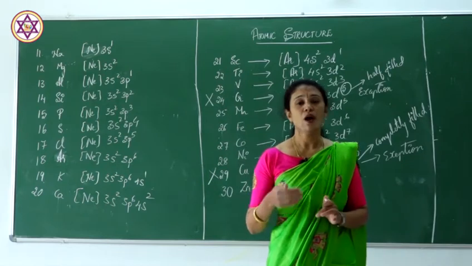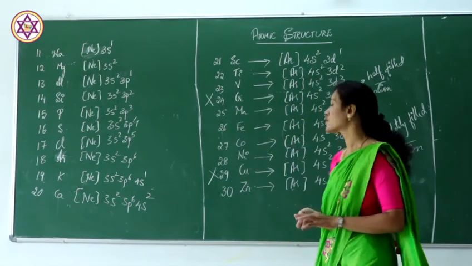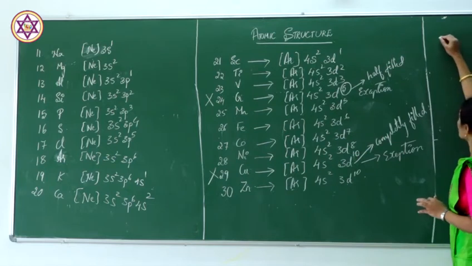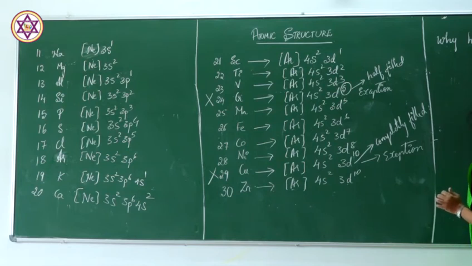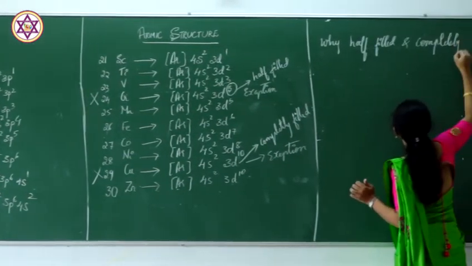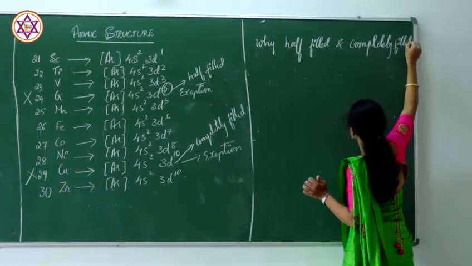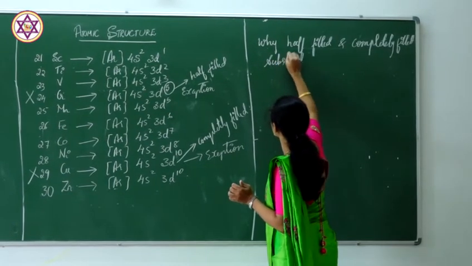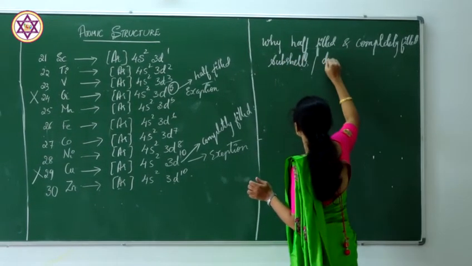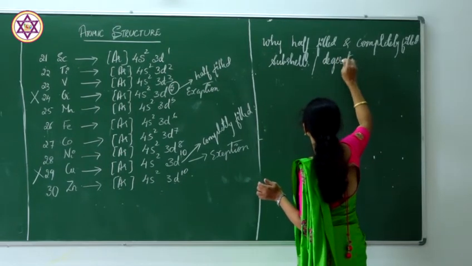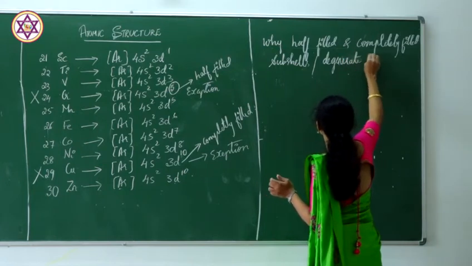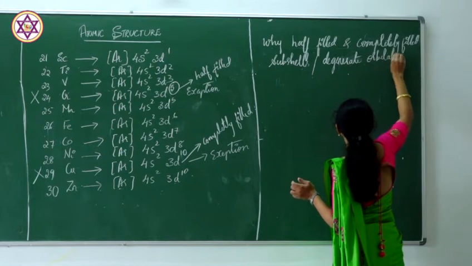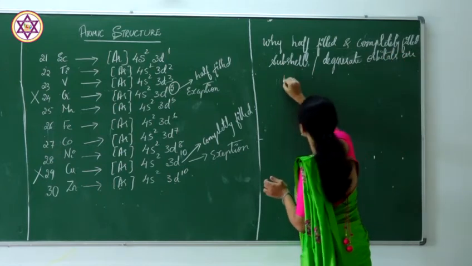I will explain now how the completely filled as well as the half filled subshells are more stable. Coming to that, why are half filled and completely filled subshells or degenerate orbitals more stable?